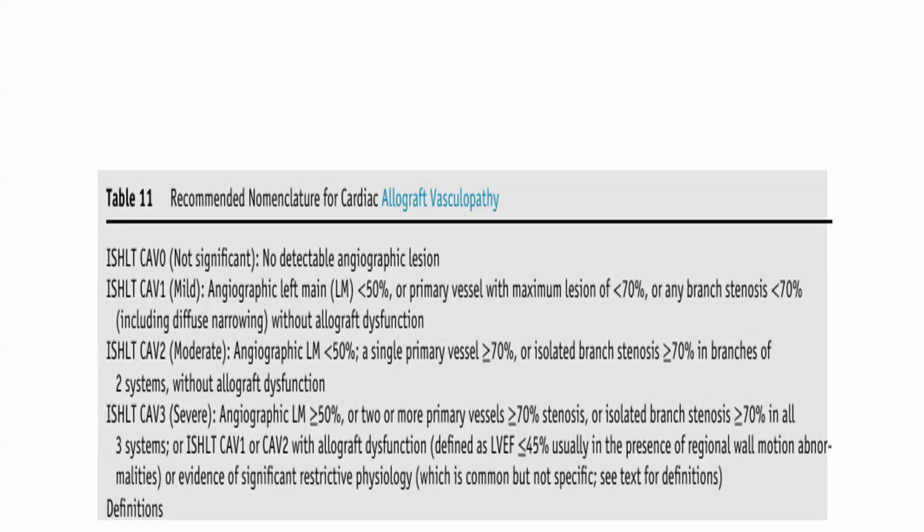Grade 2 means angiographic left main less than 50% and a single primary vessel more than 70% involved, or isolated branch stenosis more than 70% in branches of 2 in the system, without allograft dysfunction. Grade 3, that means severe, is angiographic left main more than 50% involved, 2 or more primary vessels with more than 70% stenosis, and isolated branch stenosis more than 70%.